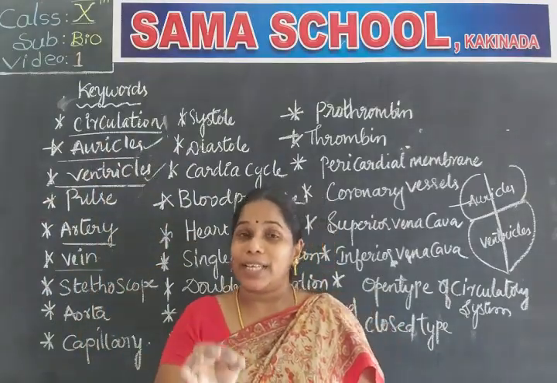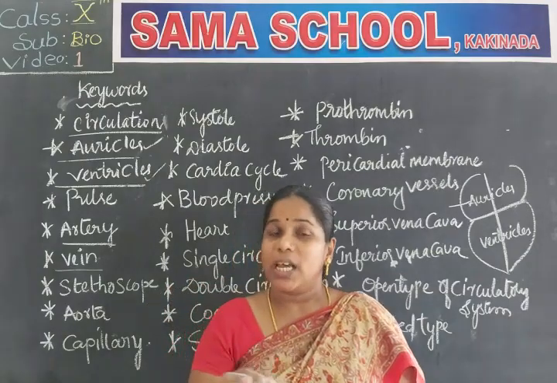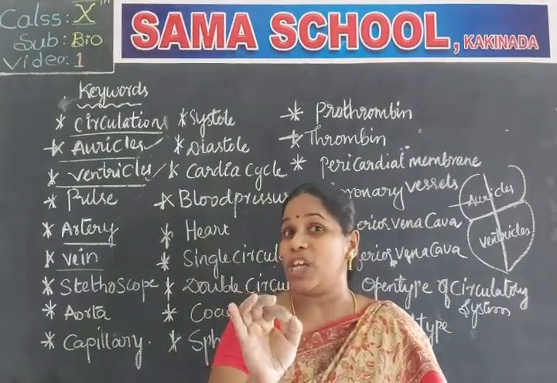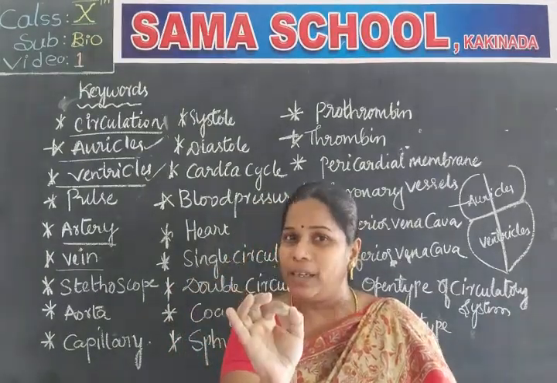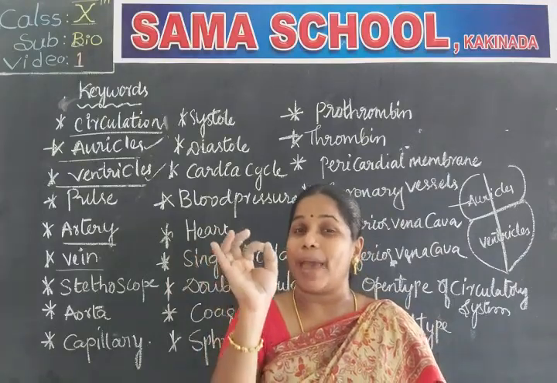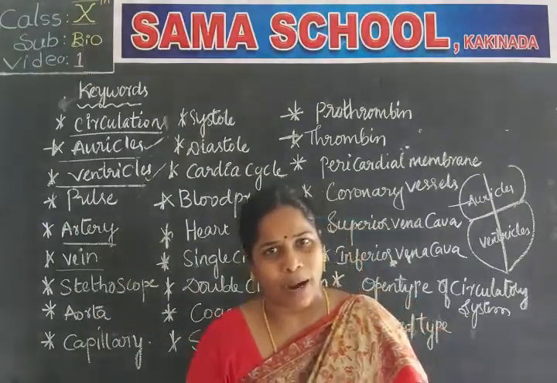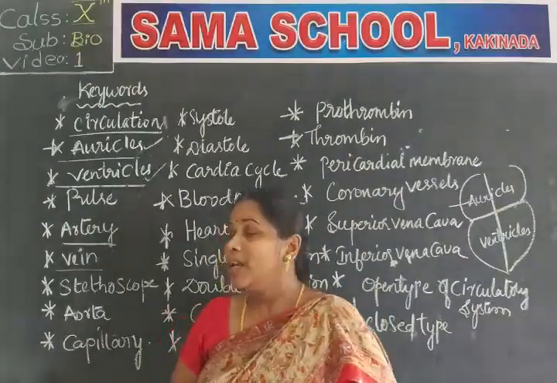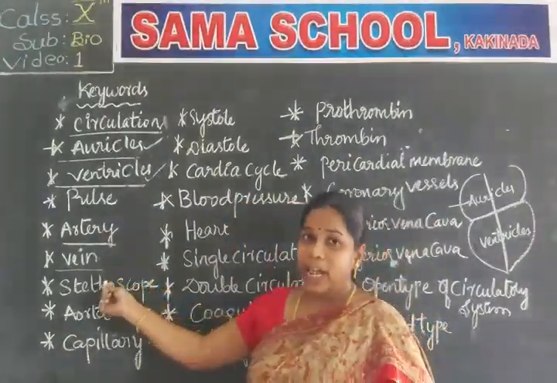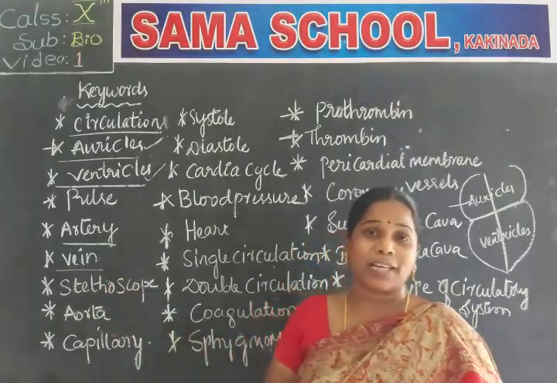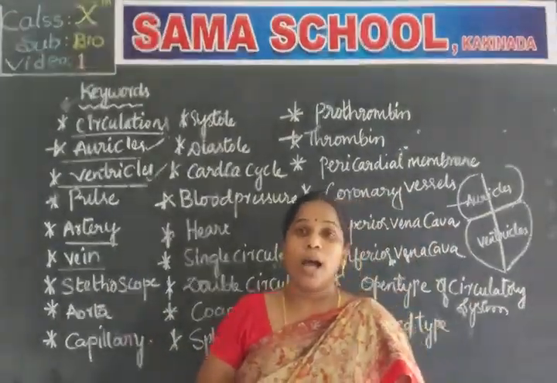That means the vessels which carry deoxygenated blood, that is, less amount of oxygen and more amount of carbon dioxide. Understand? So deoxygenated blood from various parts of the body to the heart.